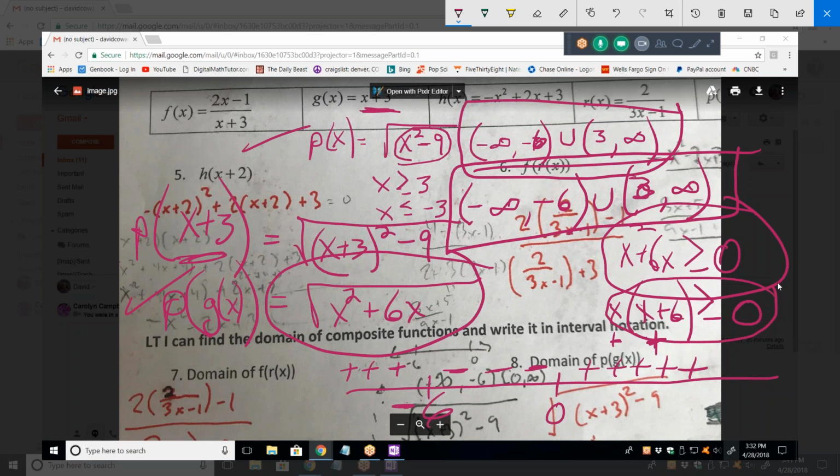But that's it, those two. And when you're talking restrictions, whatever is the most restrictive. I couldn't have anything between minus 3 and plus 3, and I couldn't have anything between minus 6 and 0. So I just have to work around it. That means I can't have anything between minus 6 and 3.